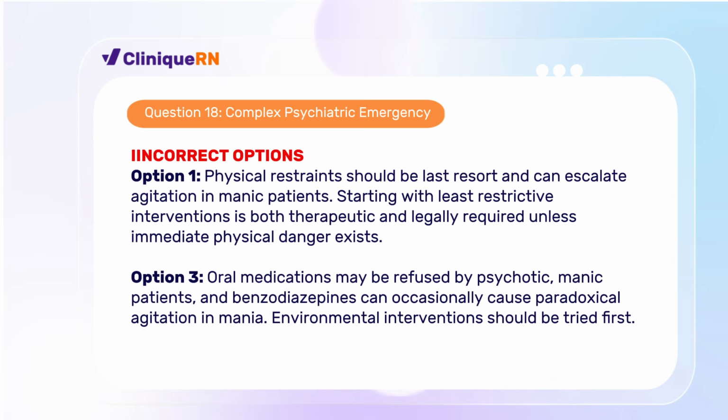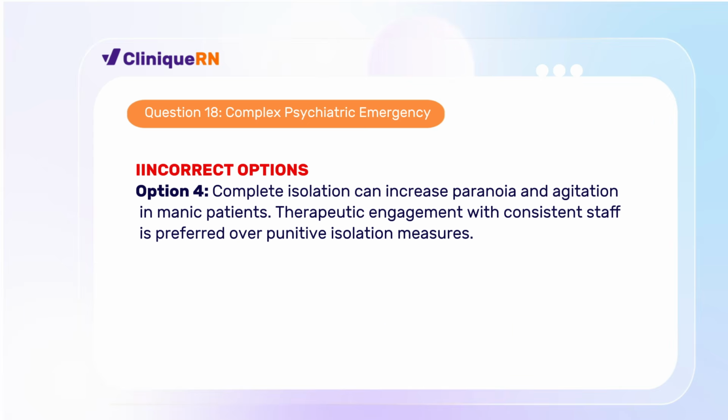Oral medications may be refused by psychotic, manic patients, and benzodiazepines can occasionally cause paradoxical agitation in mania. Environmental interventions should be tried first. Option 4. Complete isolation can increase paranoia and agitation in manic patients. Therapeutic engagement with consistent staff is preferred over punitive isolation measures.